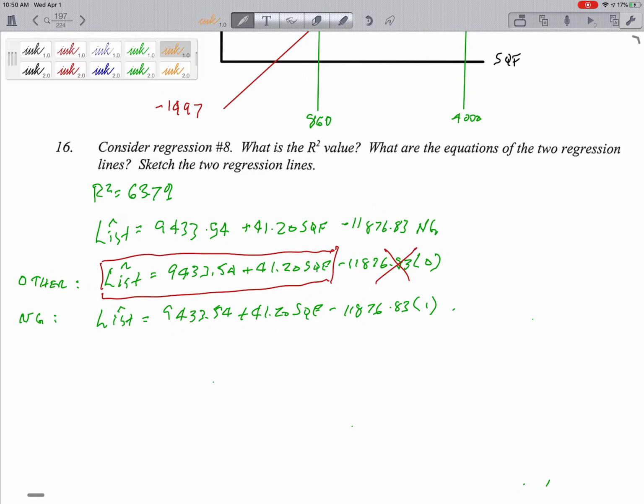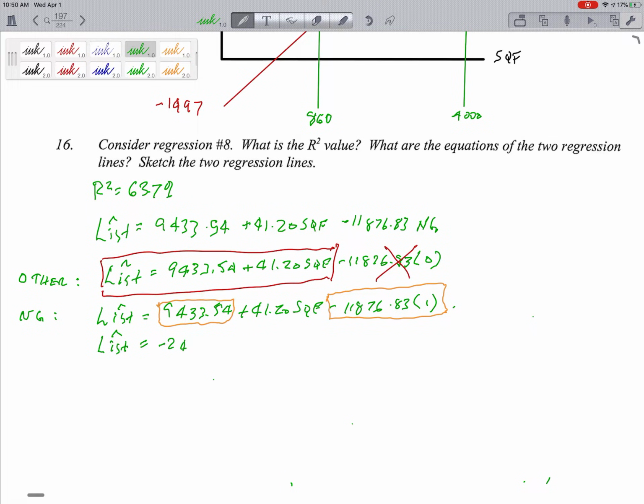What we end up with is a constant, the intercept, and another constant, which we can add together to come up with an equation like this: 9433.54 plus a negative 11,876 gives you minus 2443.79.